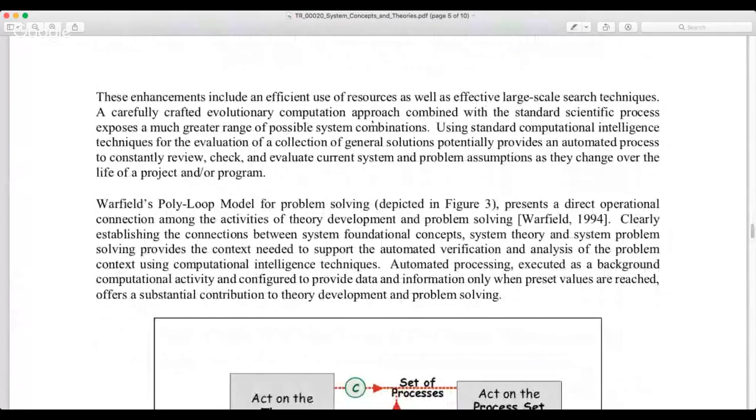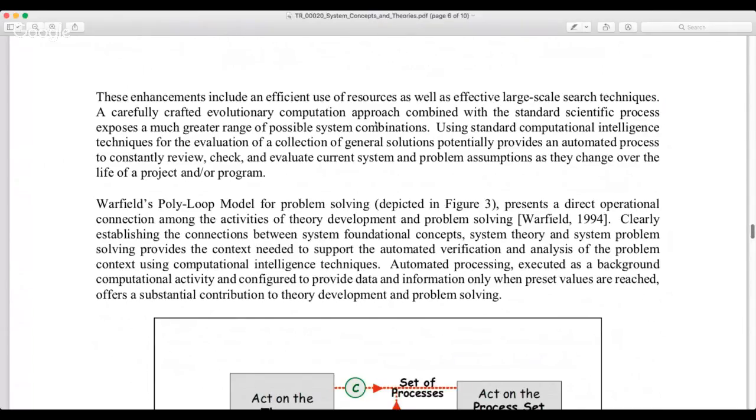So, of course, we're going to enhance our capability as a researcher group by using these computational techniques. And we've mostly been talking now about theory and concepts. But most systems engineers and system scientists really don't work on developing theory and concepts. They work on solving problems.